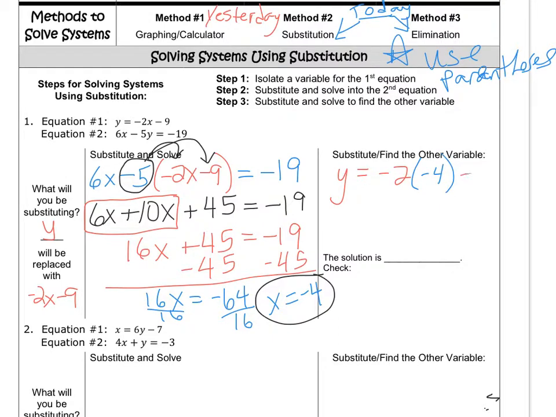So y equals negative 2 times negative 4, which is positive 8, minus 9. So y equals negative 1. I write that as an ordered pair. My x is negative 4, my y is negative 1, and that's my solution.